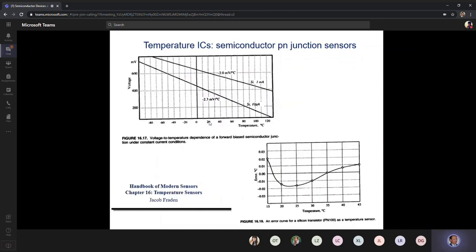In the upper left part of the figure, you can see two examples, in which on the horizontal axis you have the temperature in centigrades, and on the vertical axis you have the measured voltage.